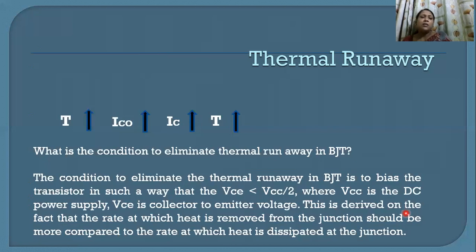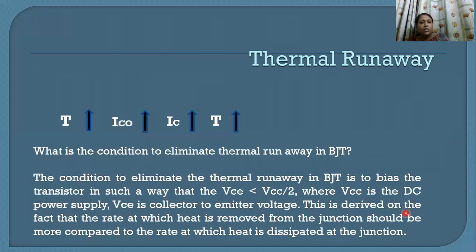That's why minority charge carriers increase. And if minority charge carriers increase, then IC increases, because IC is the summation of the collector current plus the minority charge carrier current. As IC increases, the transistor again gets heated, so temperature increases. As the temperature increases, ICO, the reverse saturation current, increases again, so IC increases again, and then temperature increases again. This phenomenon is continuous. This is called thermal runaway.